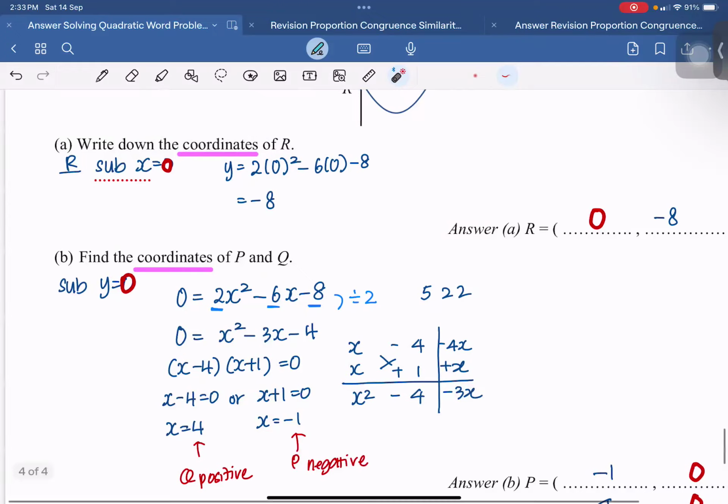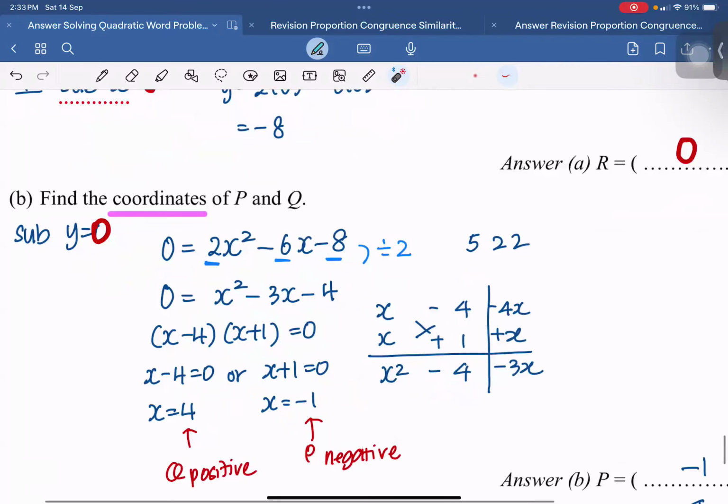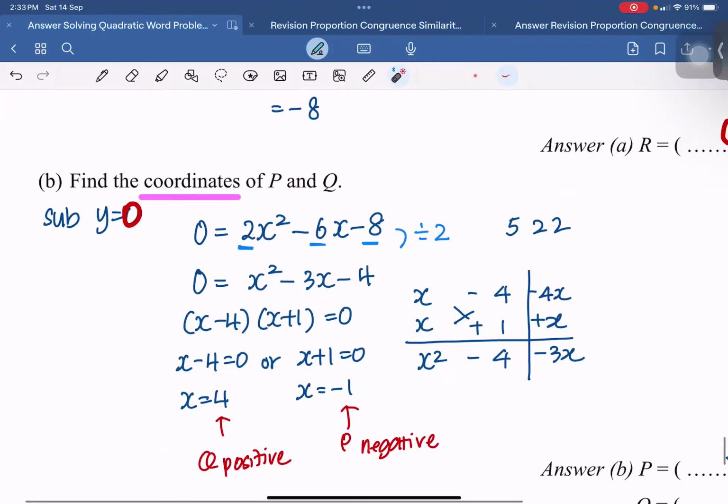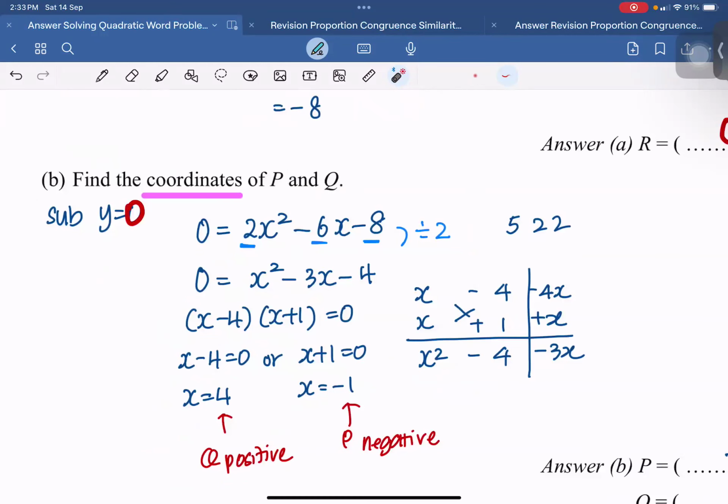Now, some of you will use the mode 2 directly. It may not give you the correct answer. Not saying not correct, just the working may not be fully correct because you realize that they have a common factor. So first, I need to divide by 2 since it's equal to 0, to reduce the equation. 2x squared divided by 2 gives you x squared. 6x divided by 2, 3x. 8 divided by 2, 4.